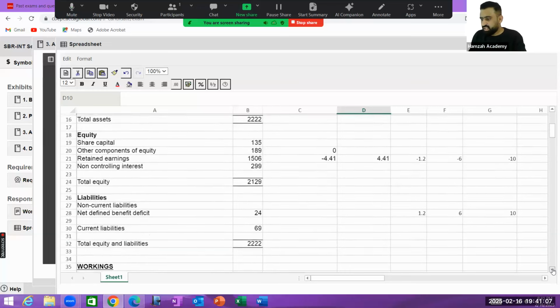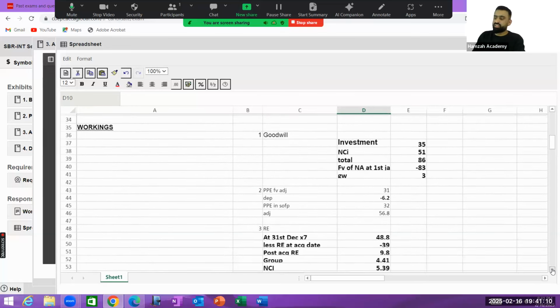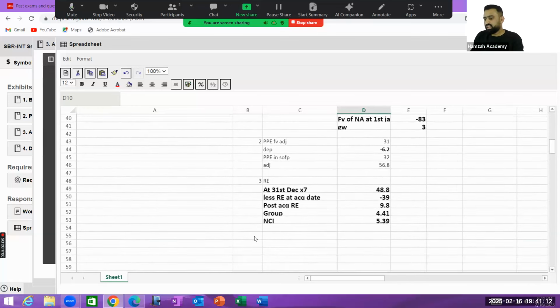Now, there is another thing which needs to be adjusted, and that is the NCI working. We need to find out what value of NCI we have recorded. In that case, we have pre-NCI, and the value of the pre-NCI at the date of acquisition, as you know, was 51, and the post-NCI. And post-NCI we have is 5.39, carried out in working number 3.